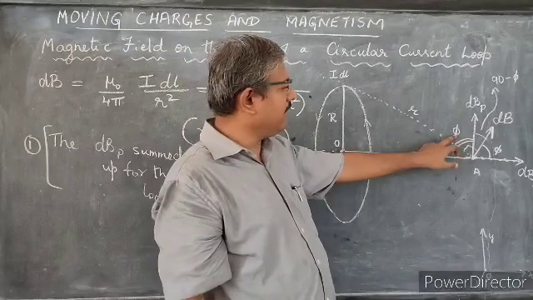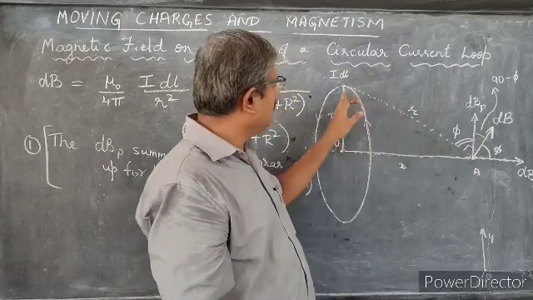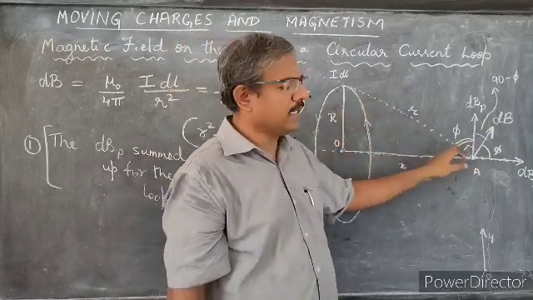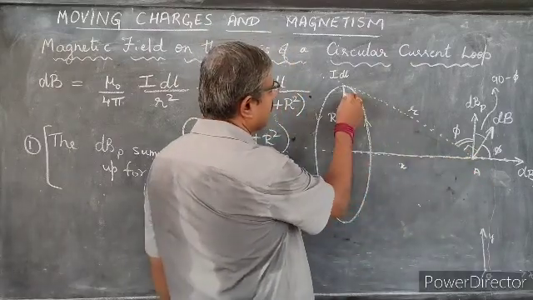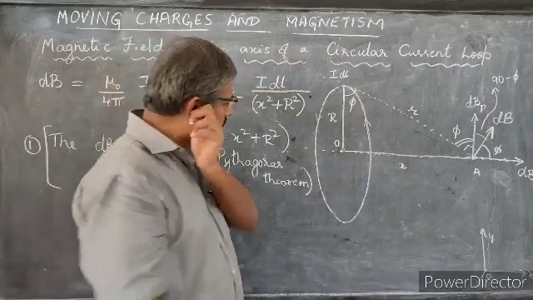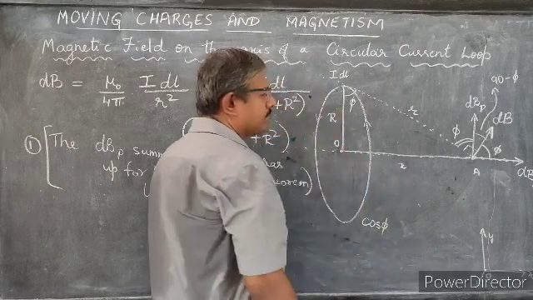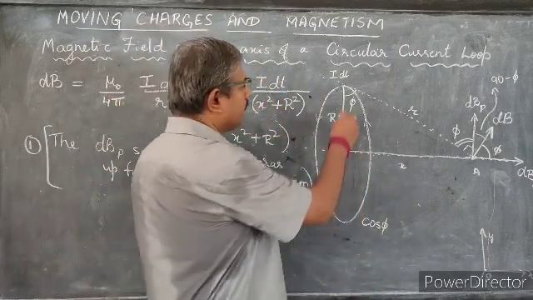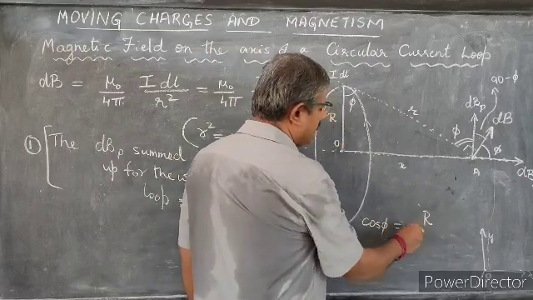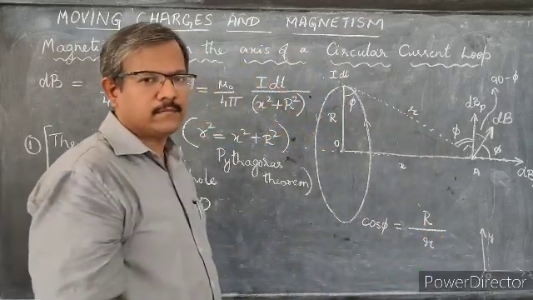So if this is phi, this is parallel to the radius over here, and this is a transversal cutting the two parallel lines, which means this angle here is also phi. So now, if I just take a simple cos phi, it is r divided by small r.